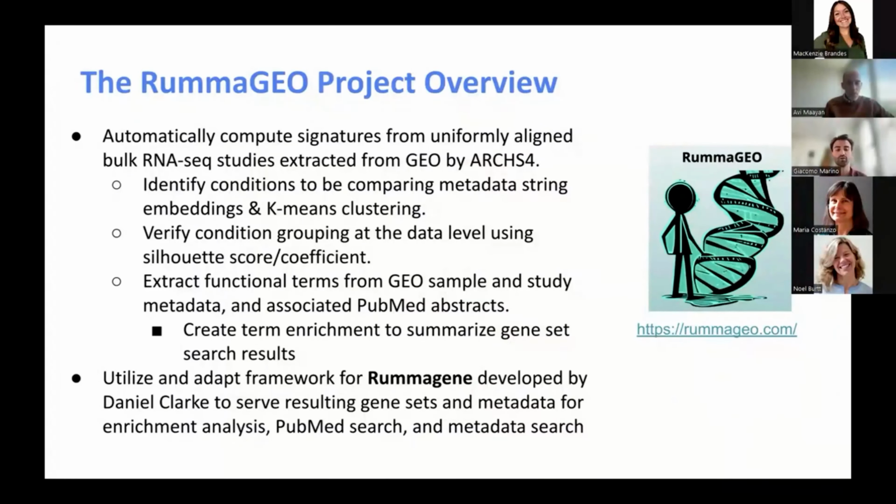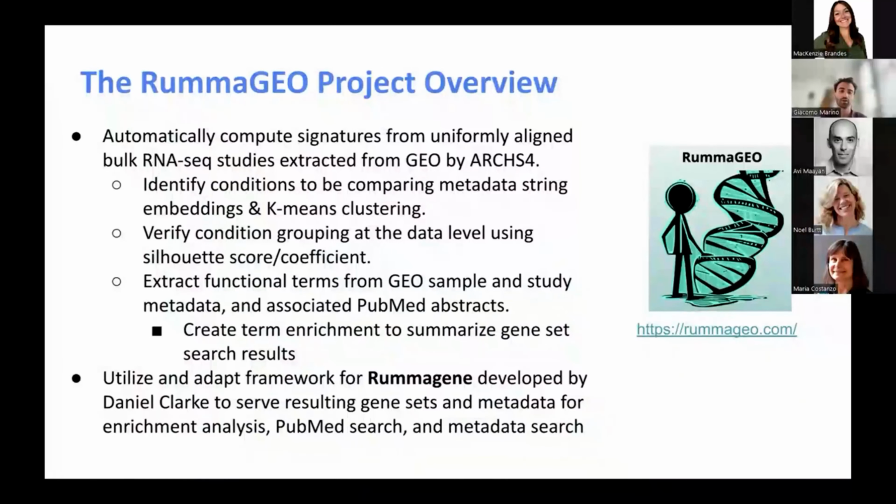We can also verify our sample partitioning at the data level using a silhouette score. Additionally, we can extract functional terms from the GEO sample and study metadata, as well as associated abstracts and summaries. And this we can use to help summarize gene set search results.